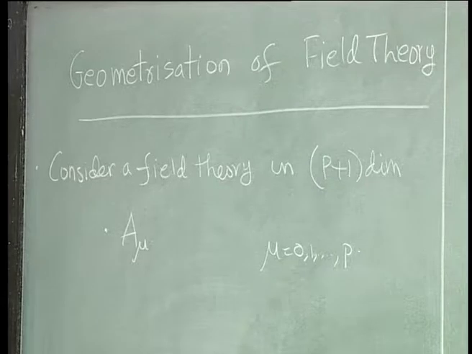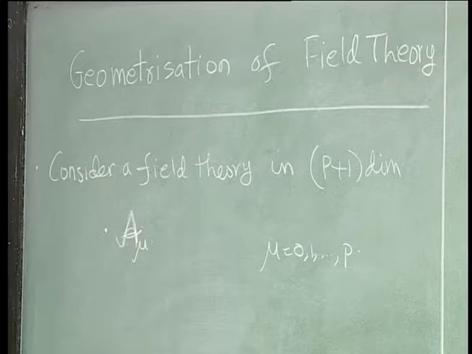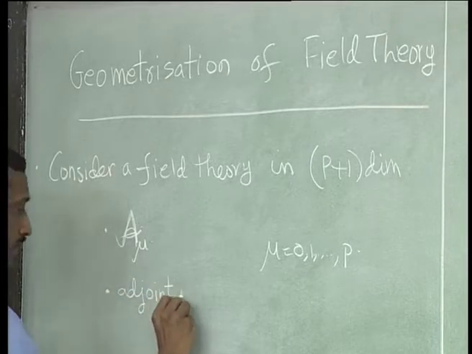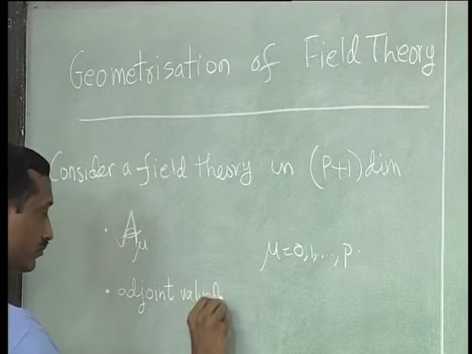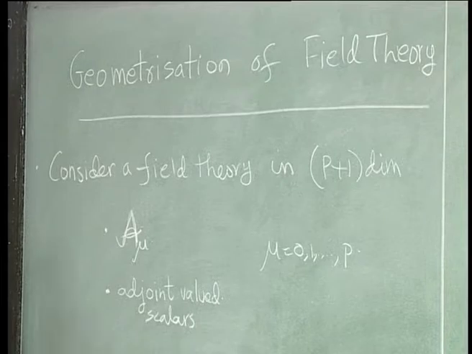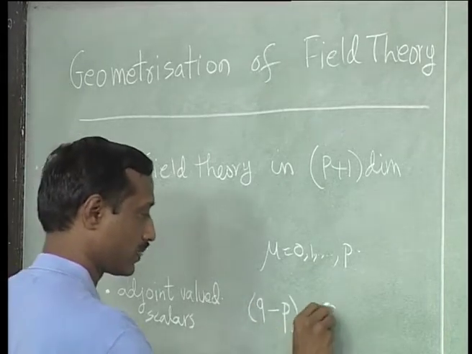So for starters, we will just think of this as a U(1) gauge field. No, let us take it to be a U(N), a non-abelian gauge field. I was using script A or whatever for that, so let us leave it that way. And suppose it also has a bunch of adjoint valued scalars, and there are 9 minus p of them.